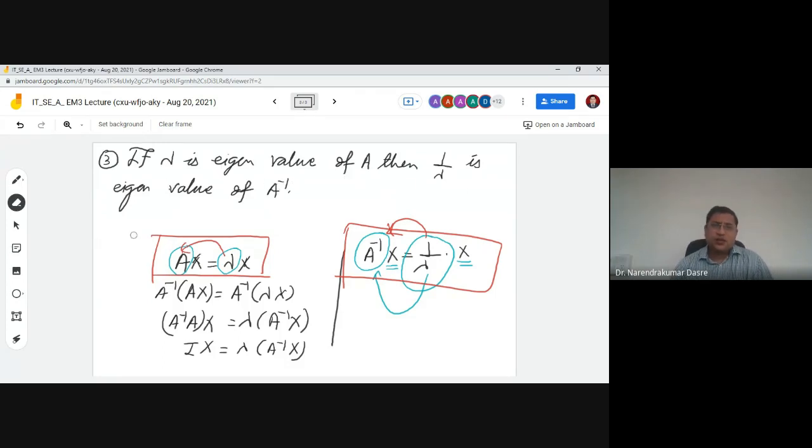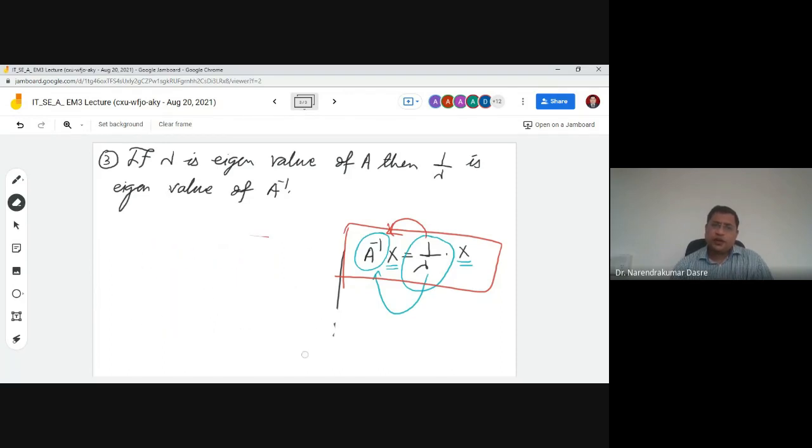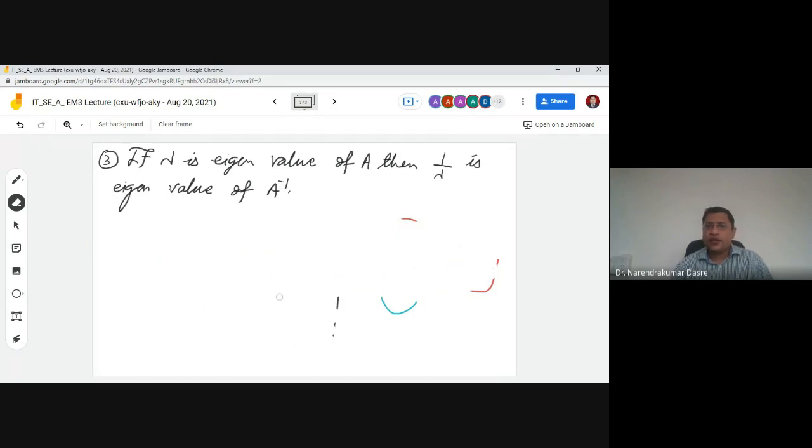It is just the reciprocal of the eigenvalue of A. If I know the eigenvalue of A, then we can find the eigenvalue of A inverse by finding the reciprocal of the eigenvalue of A.